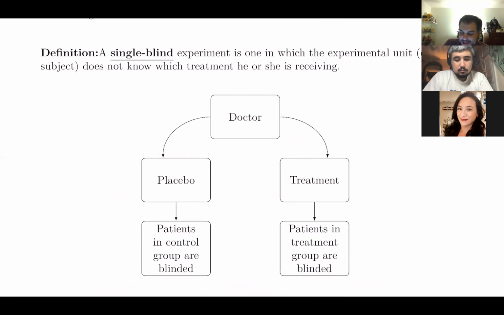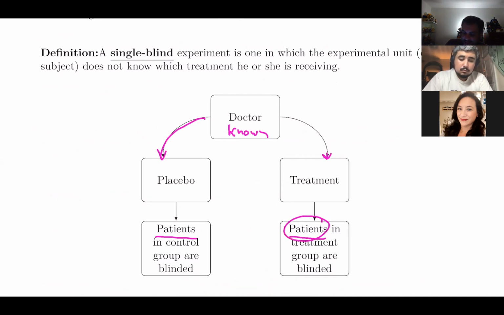In a single blind, the doctor knows who's getting the treatment and who's getting the placebo. But the patients don't know if they're getting the placebo or the treatment. The doctor is assigning this group the placebo and giving that group the treatment, but the patients don't know whether they're in the placebo group or the treatment group.